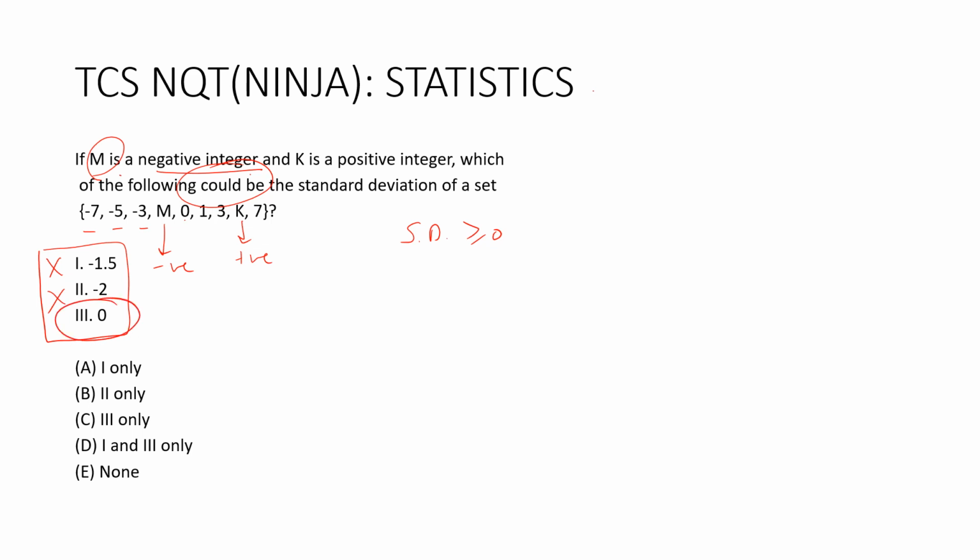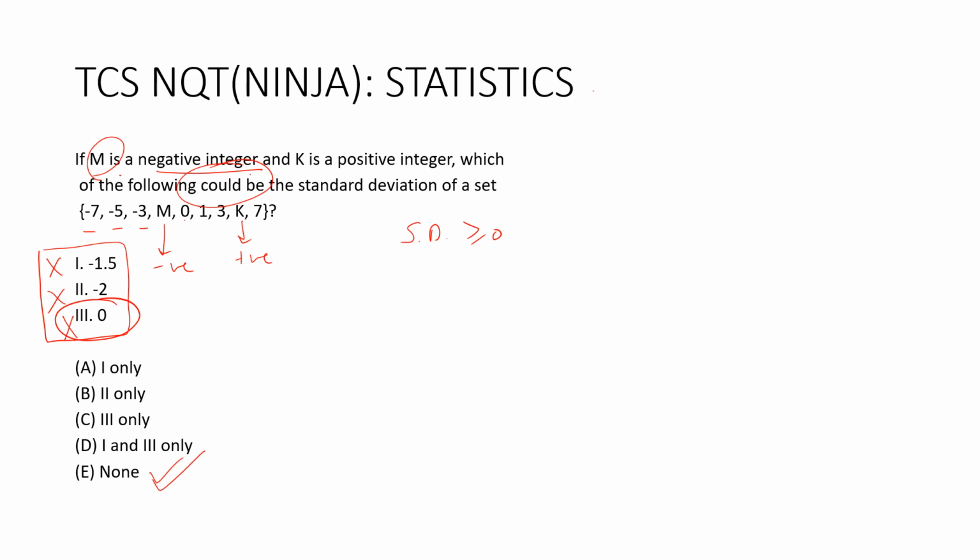Now, when is standard deviation going to be 0? Standard deviation is going to be 0 if all the terms were the same. There wasn't any deviation. So again, since the terms are not the same, it cannot be 0. So it cannot be any of the 3. So what is my answer? It is none of 1, 2, and 3. So my answer has to be option E.